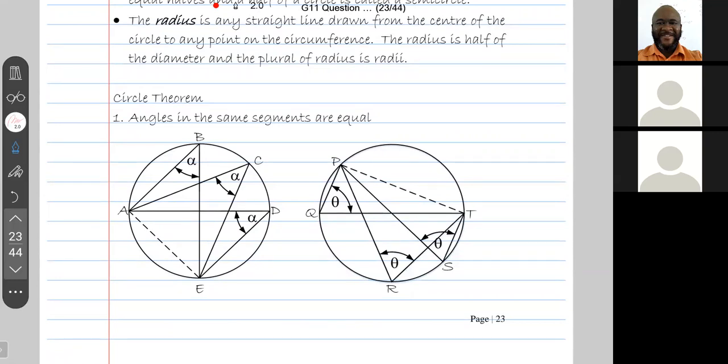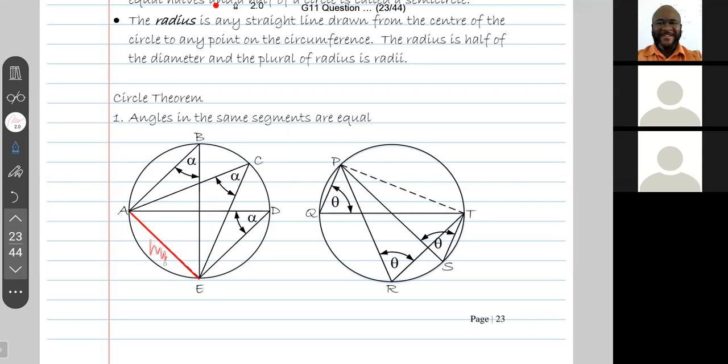All right, so the diagram here is showing us to some extent how we identify angles in the same segment. So first of all, here we have a line AE. Now, the line AE is called a chord, and the chord divides the circle into segments.